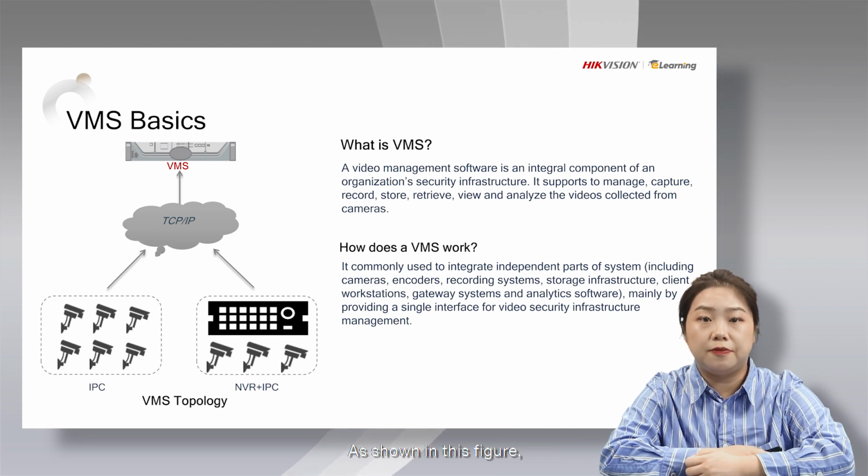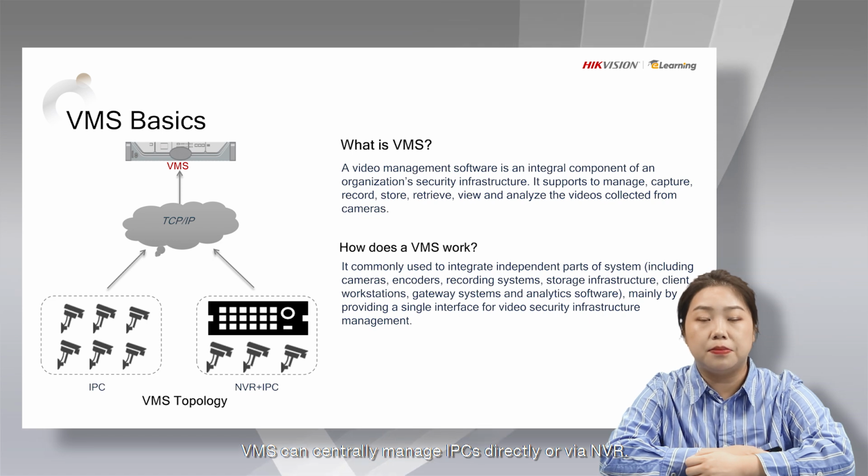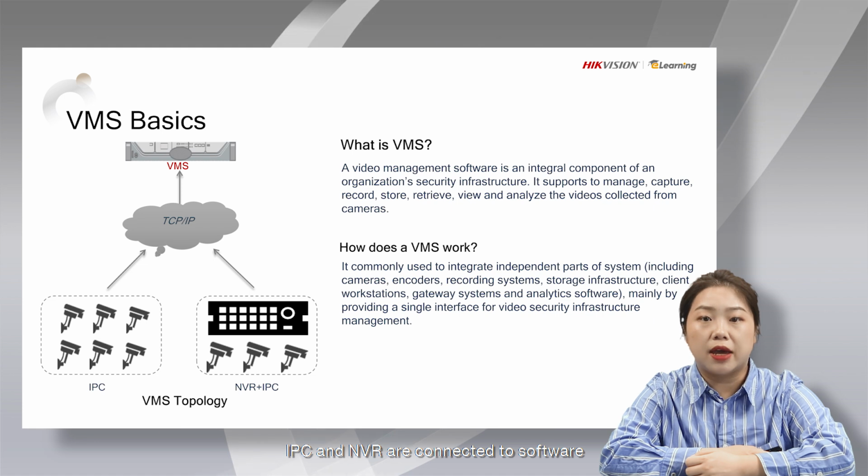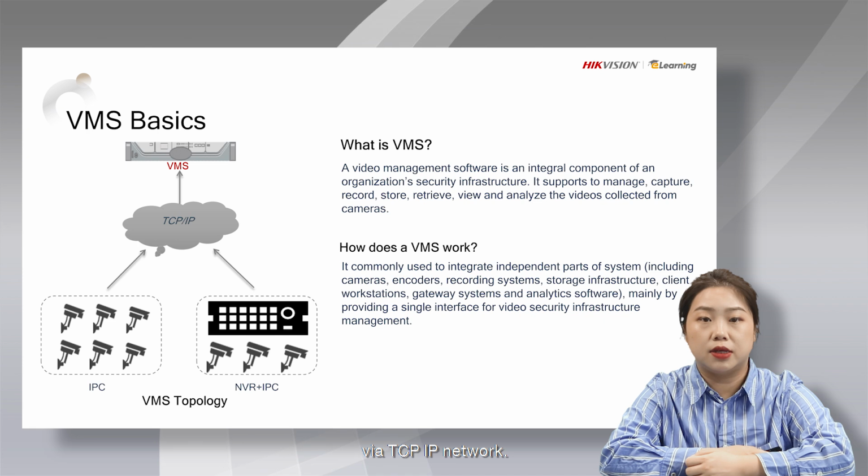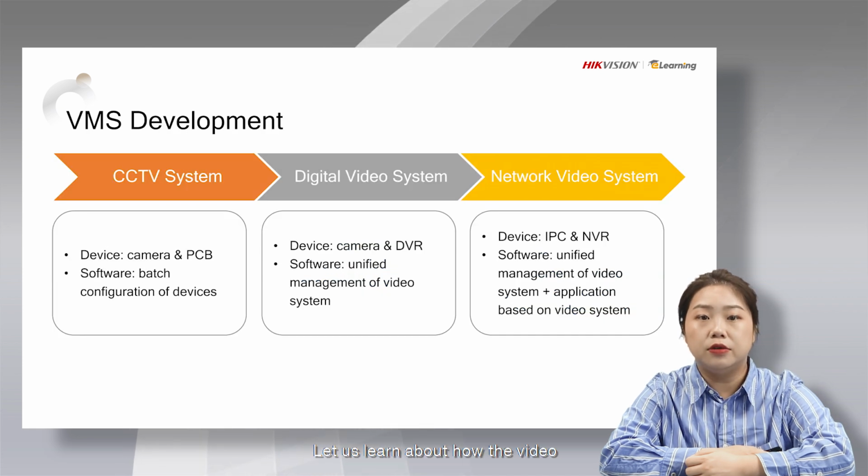As shown in this figure, VMS can centrally manage IPCs directly or via NVR. IPC and NVR are connected to software via TCP/IP network. Let us learn about how the video management software has been developed.